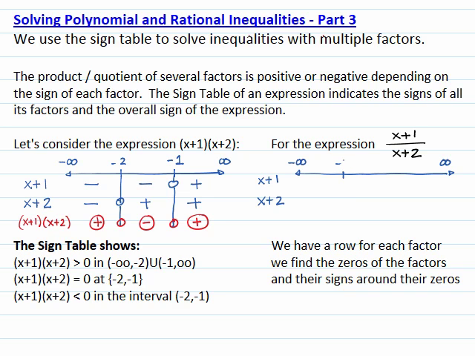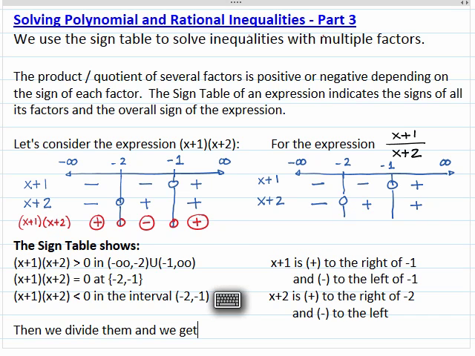This will be negative 2 for x plus 2, and it will be negative 1 for x plus 1, and then the signs around their zeros. X plus 1 will be positive to the right and negative to the left of its 0. X plus 2 will be positive to the right and negative to the left of its 0. Divide them to create our expression.